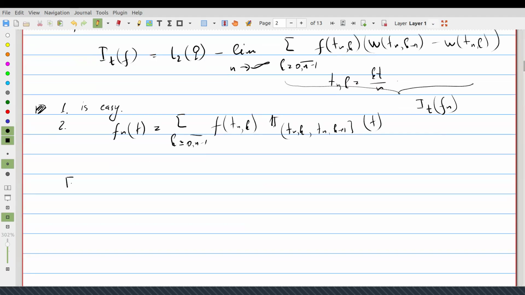And what we essentially want to consider is the difference of these two expressions squared, and the mathematical expectation.